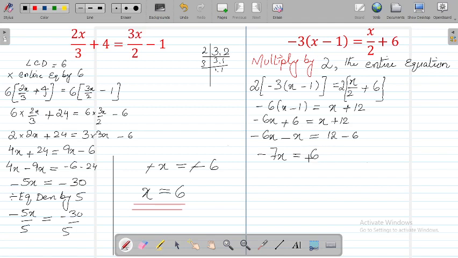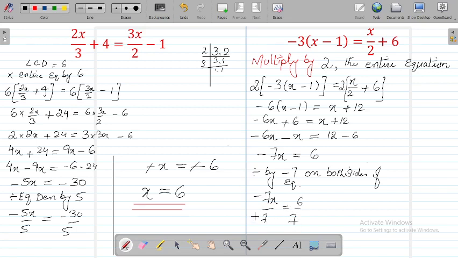But now we are interested only in the value of x, so you can say divide by -7 on both sides of the equation. So it will be minus 7x over -7 is equal to 6 over -7.